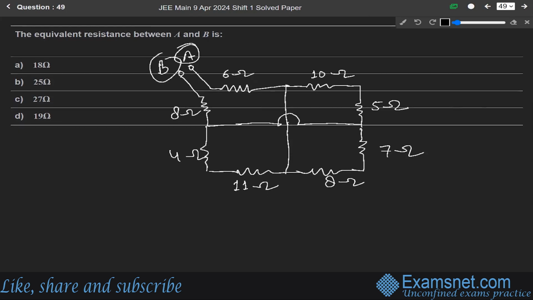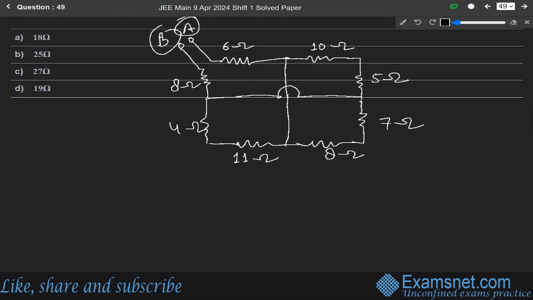So first of all, let us try to redraw this circuit diagram as this one is 6 ohm and this one is 10 ohm. Okay, this is 8 and this is 4, this is 5 and this is 7. So if we redraw this, see, these two are in series, these two are in series, but these and these two are in parallel, and these combinations are in parallel.